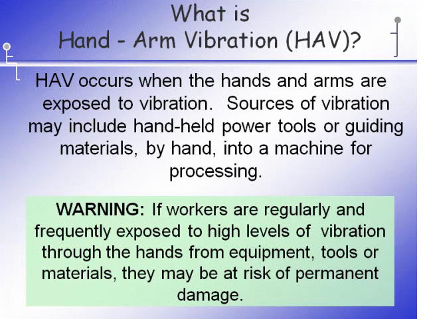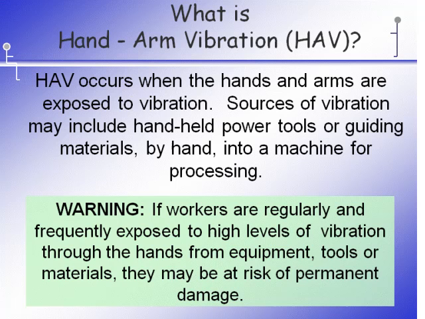So what is hand-arm vibration? Hand-arm vibration occurs when the hands and arms are exposed to vibration. Sources of vibration include powered hand tools, which are machines such as leaf blowers, floor buffers, weed whackers, jackhammers, drill motors, saws, and reciprocating saws.